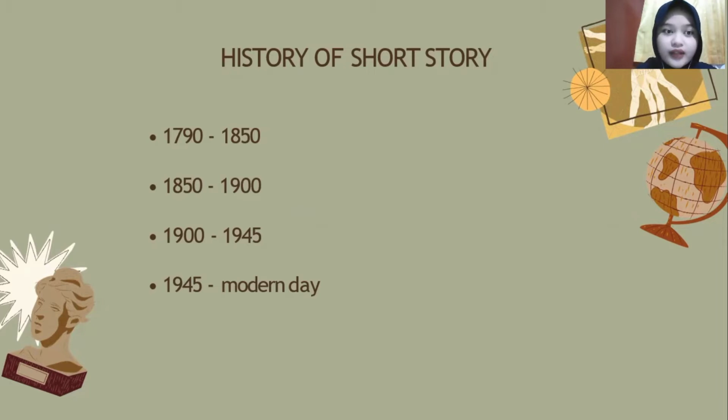1790 to 1850. Early examples of short stories in here were published separately between 1790 and 1810, but the first true collection of short stories appeared between 1810 and 1830 in several countries.